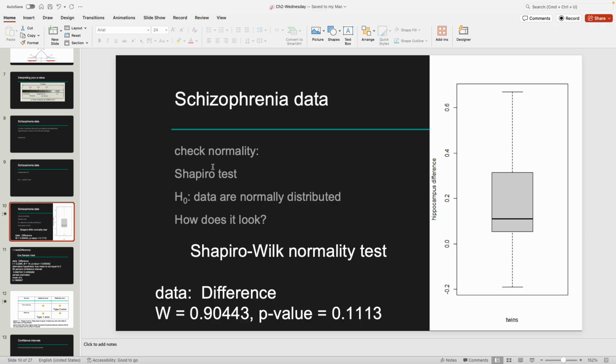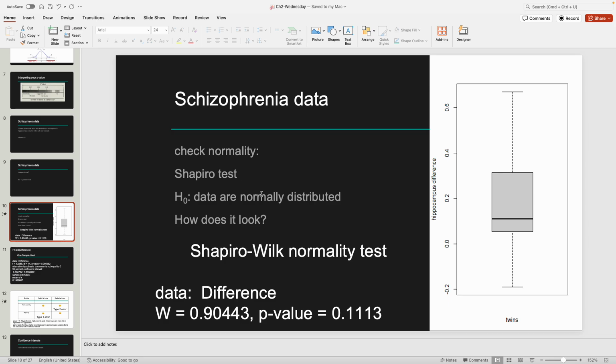So the second thing that you'll do is run a numerical test when it's possible. And here, for normality, it is possible. There's a test for distribution called the Shapiro-Wilk normality test. The null hypothesis is that the data is normally distributed versus the alternative that it's not normally distributed.